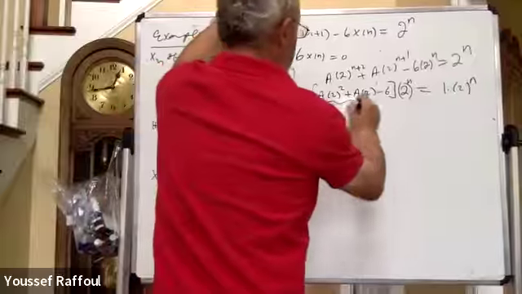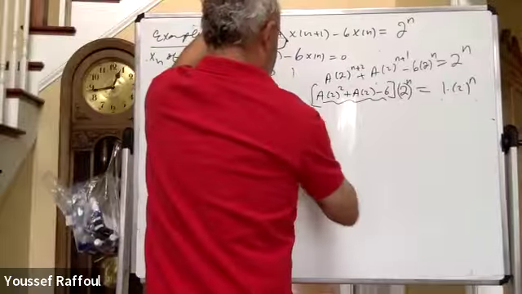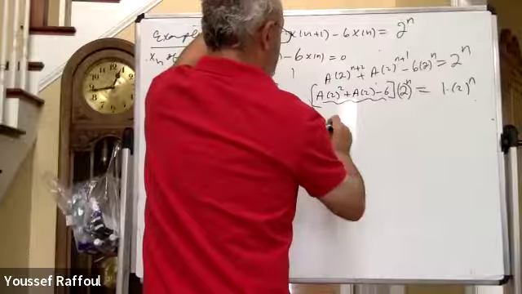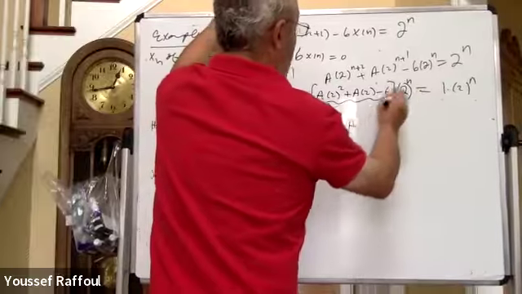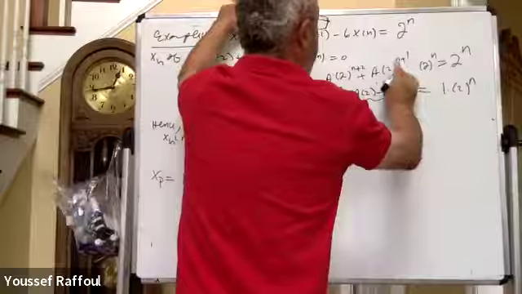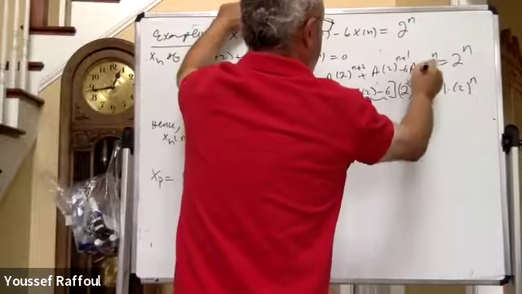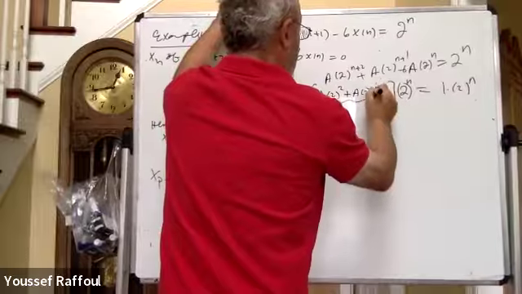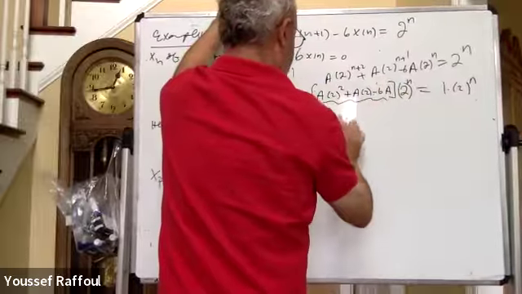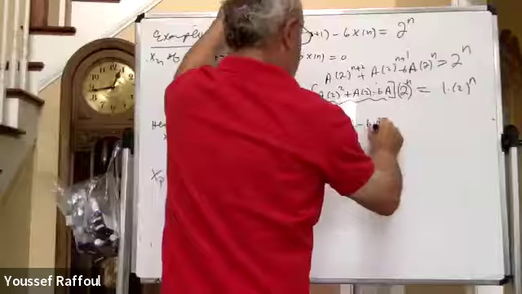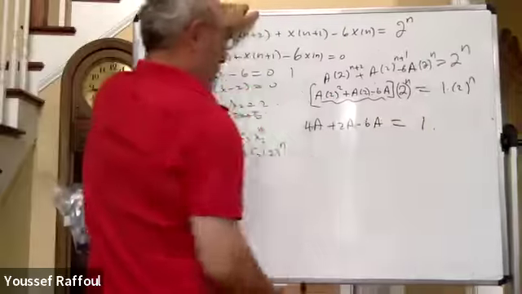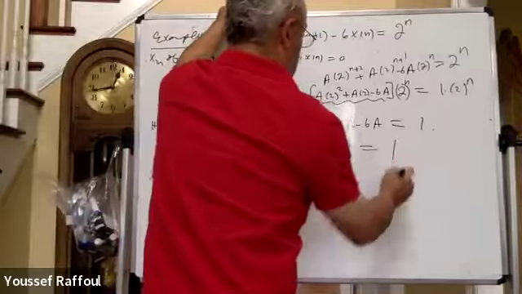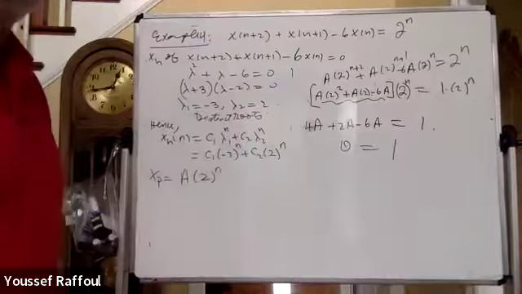So what do we have here? We have 4a plus 2a, minus 6a equals 1. Or 0 equals 1. Beautiful, isn't it?